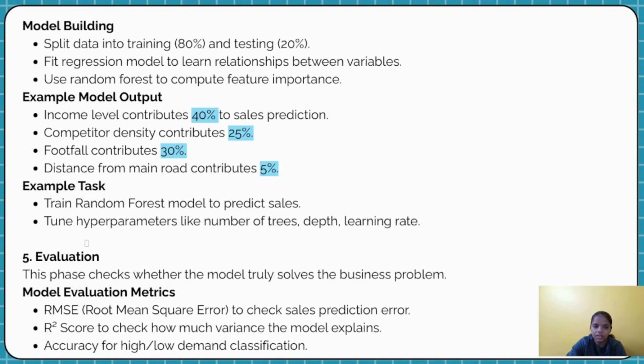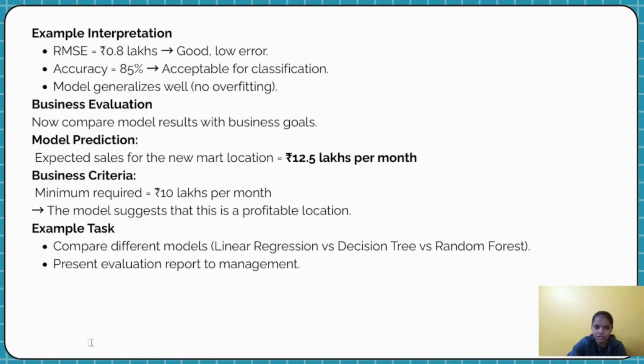Now the second last is our evaluation phase. In this phase, we check whether the model truly solves the business problem or not. So model evaluation metrics required here are MSE, root mean squared error to check the sales prediction error, R square score to check how much variance the model explains, and the last, the accuracy of high and low demand classification.